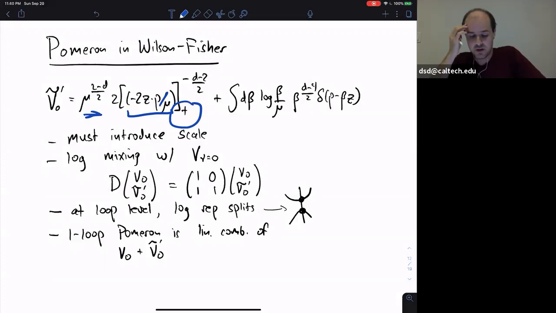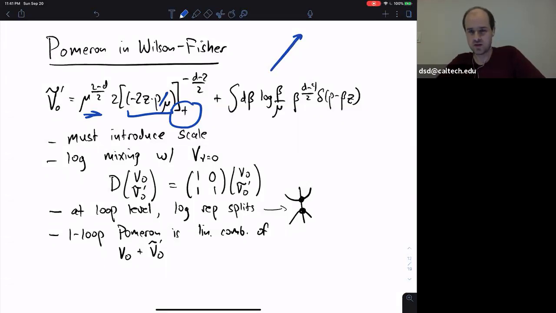But there's another problem, which is that it doesn't transform irreducibly under Lorentz transformations. This is maybe a little harder to explain, but roughly speaking, you could imagine you take the z direction, and if you do a boost in the z direction, it rescales z by some overall factor. So a boost is kind of like a dilatation on the celestial sphere.